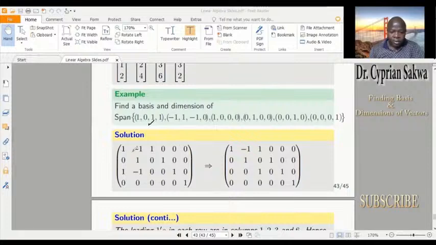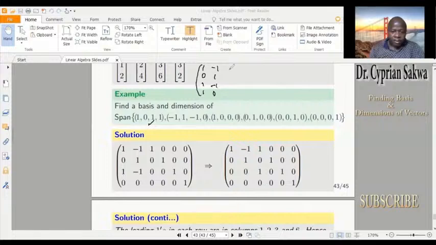It seems I had already worked on it, and what I just wrote here were the results. So let's just do it. I have 1, 0, 1, 1 as my first column. The second column will be negative 1, 1, negative 1, 0.